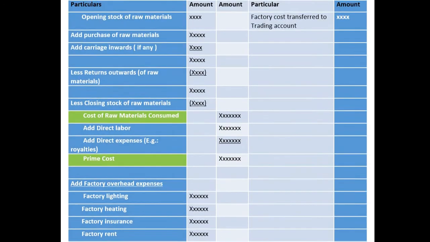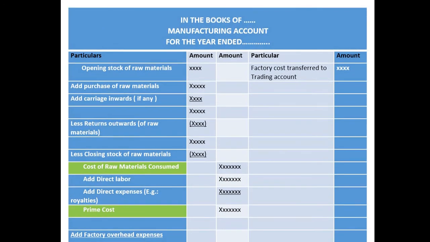Therefore, ladies and gentlemen, cost of production is transferred to the right hand side of the account for two major reasons. The first reason is to balance off the account. Left hand side of the account and the right hand side of the account must be balanced off with the same figures.